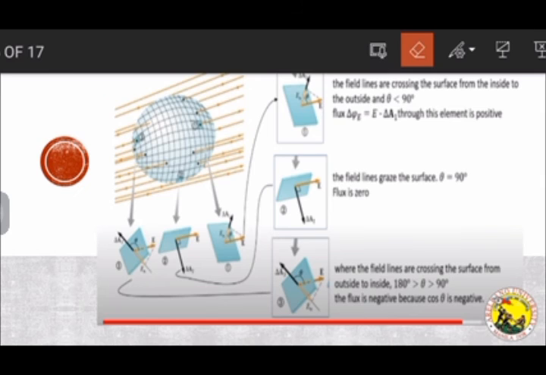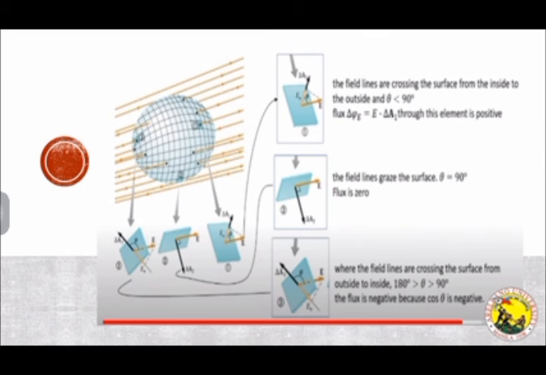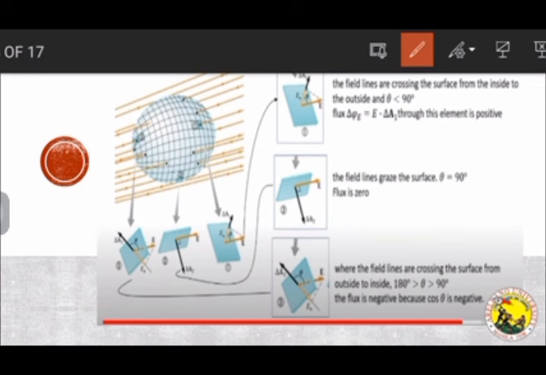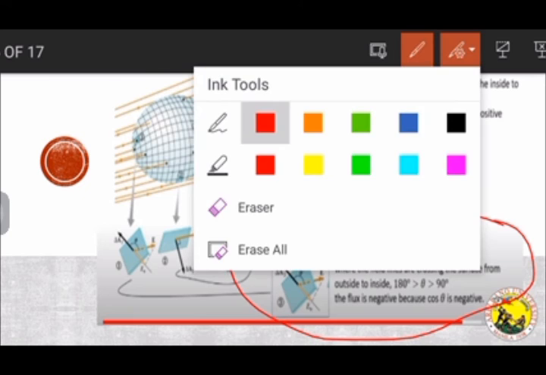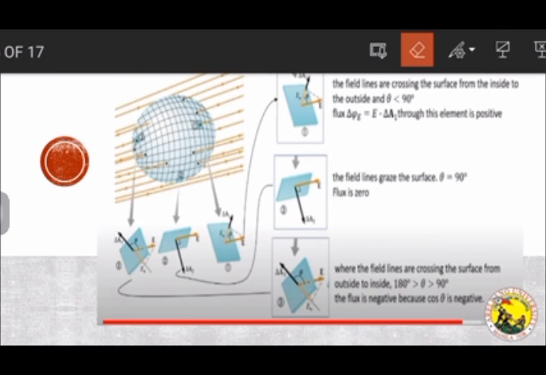Thus, the angle is equal to 90 degrees, and therefore the flux is 0. For elements such as 3, where the field lines are crossing the surface from the outside to the inside, the angle is greater than 90 degrees but less than 180 degrees, so the flux is negative because cosine theta is negative.